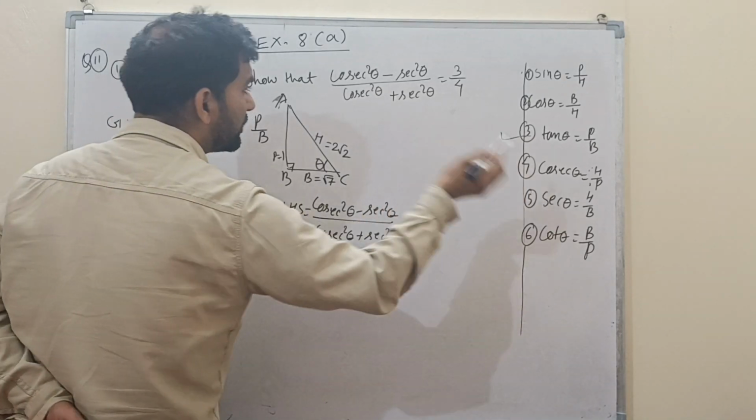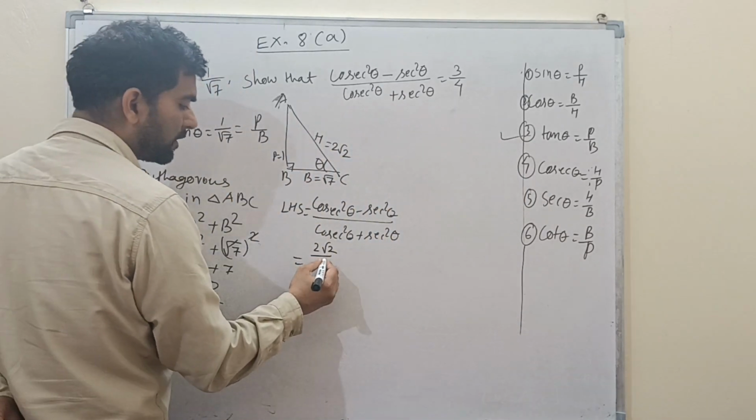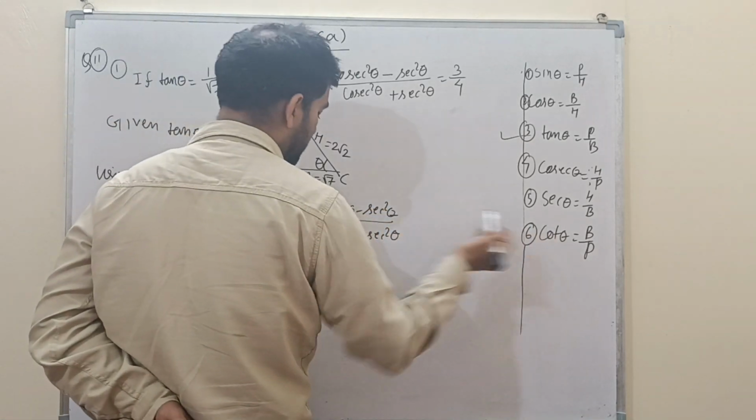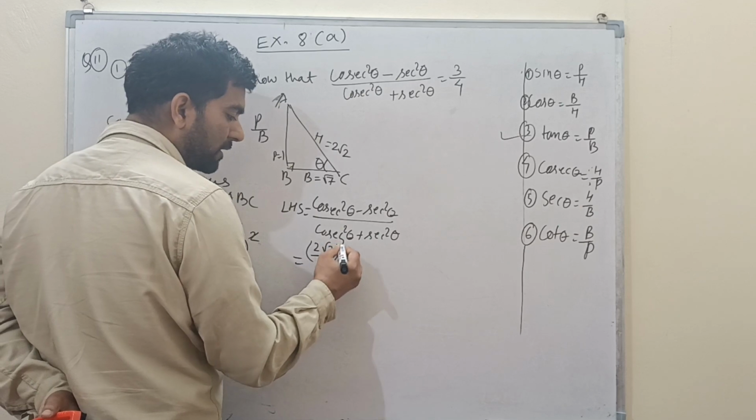Hypotenuse by perpendicular, so 1, minus sec square. Sec square has a square, so I'll put a square.